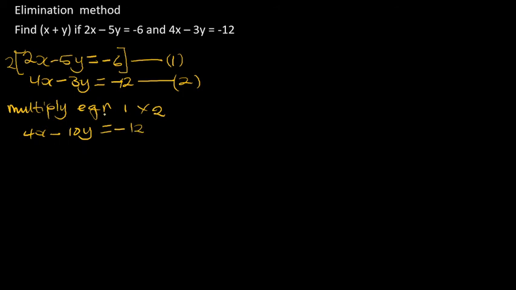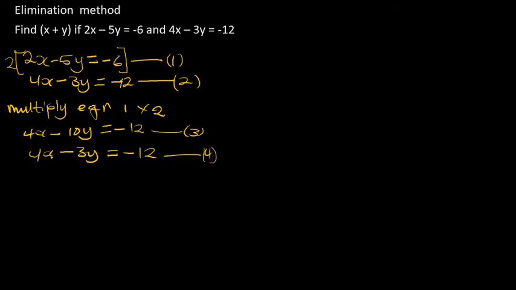Alright, so let's write our equation 2 down here, but let's call this equation 3. Our equation 2 is 4x minus 3y being equal to minus 12. So let's call it this time equation 4.